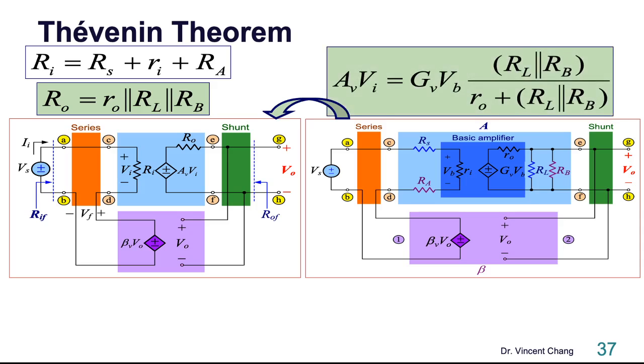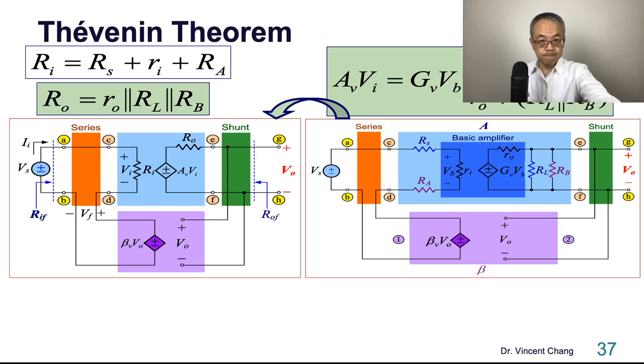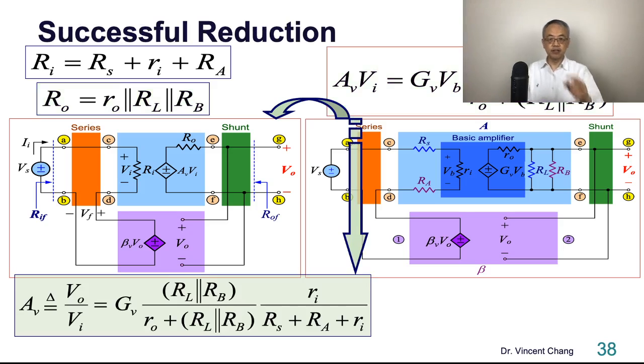And here's the relationship between AV and the GV based on the Thévenin theorem. But you have to find the relationship between Vi and the VB. The relationship between Vi and VB is the divider.